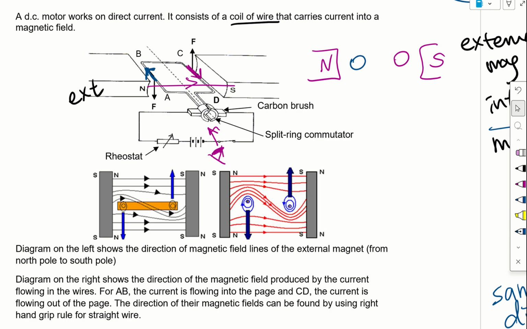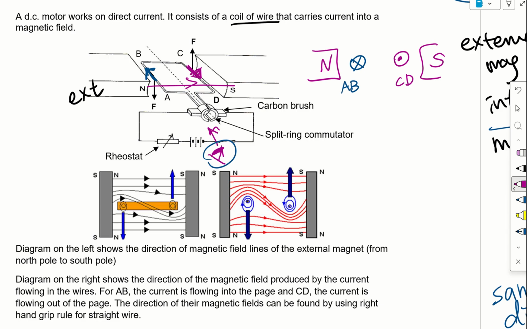We have the direction of the current in AB to be into the page. So if I'm looking from here, it will be a cross. And for CD, it will be a dot, because the direction of the current is coming towards me, as you can see from here. So let us now apply Fleming left-hand rule. You find that it's easier when you're able to convert it into a 2D diagram.